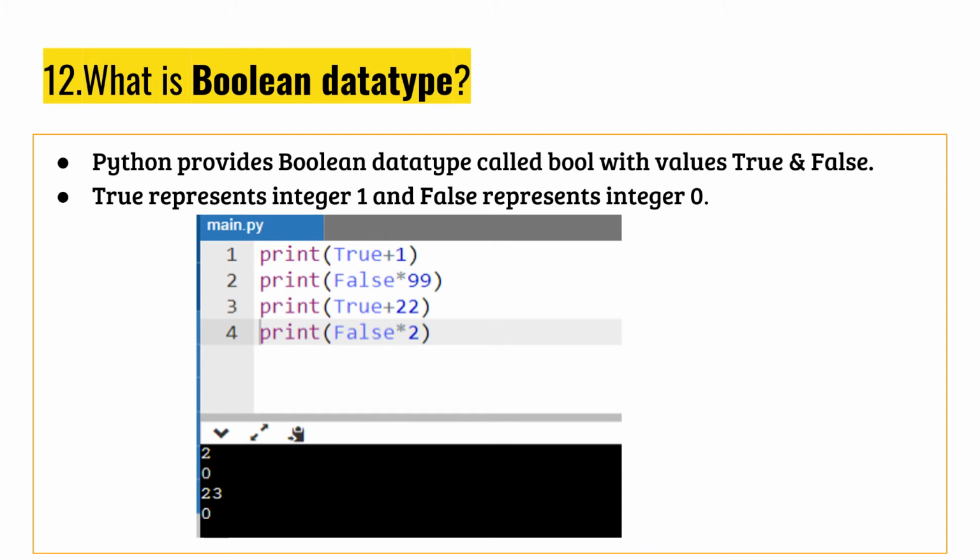Here the expressions were evaluated with true as 1 and false as 0, so 1 plus 1 becomes 2, 0 times 99 becomes 0, 1 plus 22 becomes 23, and 0 times 2 becomes 0.